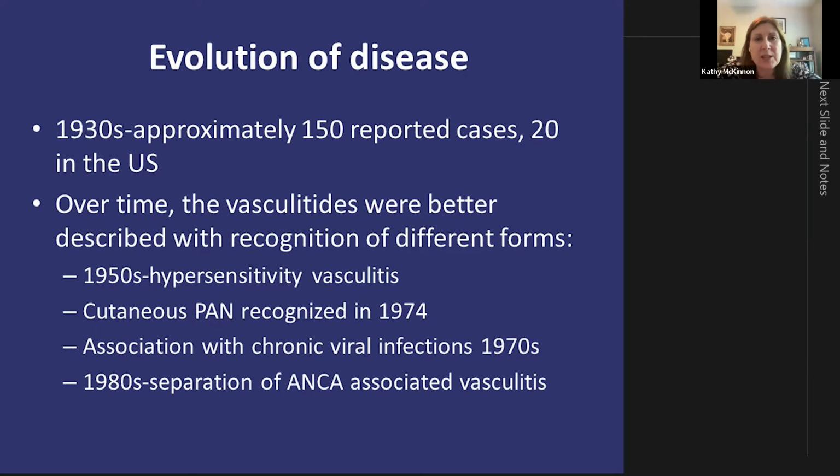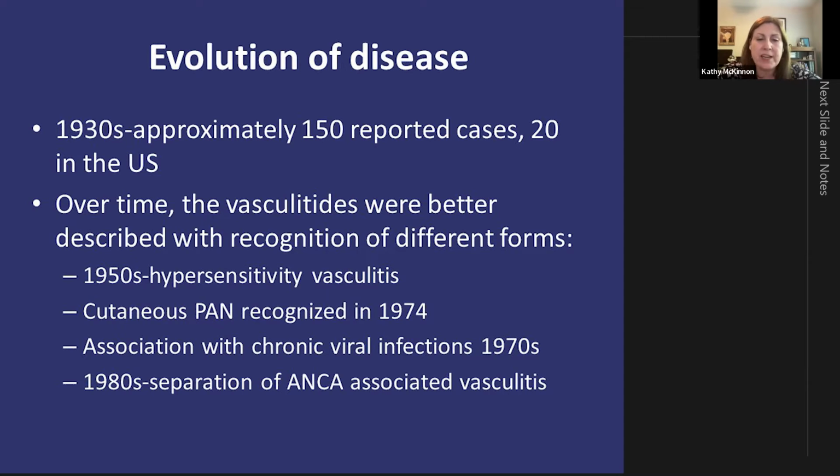But over time, as we've used imaging studies more, pathology studies more, we've been able not only to recognize the different forms of vasculitis, but differentiate them into different groups. Initially, vasculitis was all clumped together as inflammatory diseases of the blood vessels despite size. But over time, like in the 1950s, they recognized hypersensitivity or allergic vasculitis.